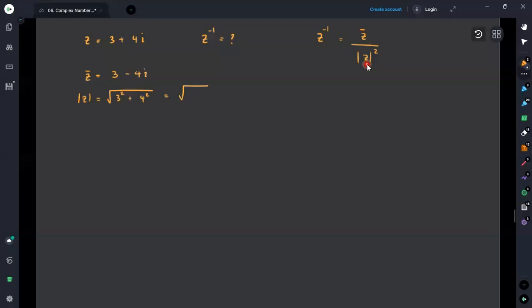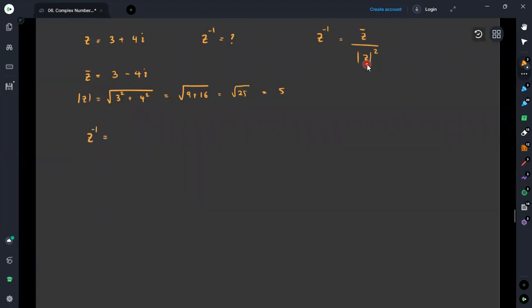I will keep the square root because we need the square term as well. 3 squared is 9, plus 16, altogether root 25. If you need, we can get the value as 5, but we need its square to calculate the multiplicative inverse of z.